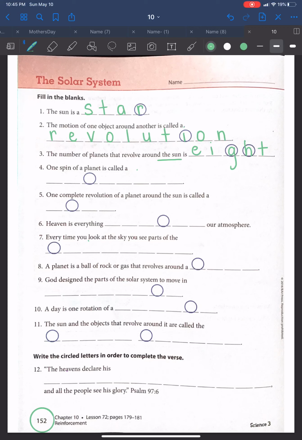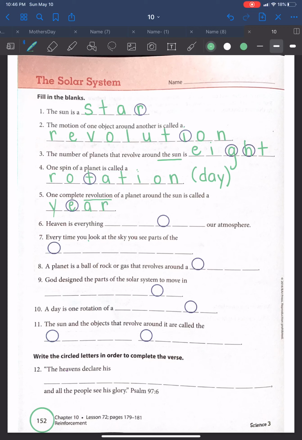One spin of a planet is called this. Exactly, it's called a rotation. Each time a planet rotates, it has been one day. But each time it makes one revolution, we call that one, great job, 1 year.